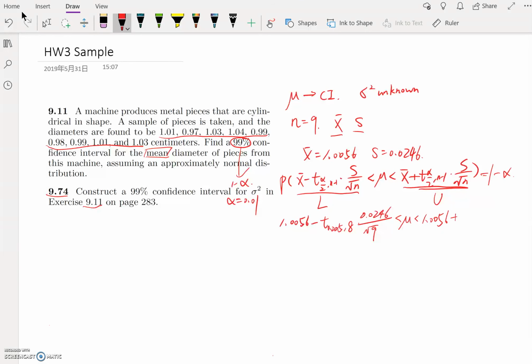Then 1.0056 plus t 0.005 times 0.0246 over square root 9. So we will need the t distribution to get this value.